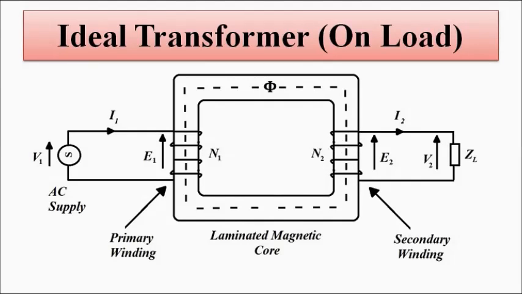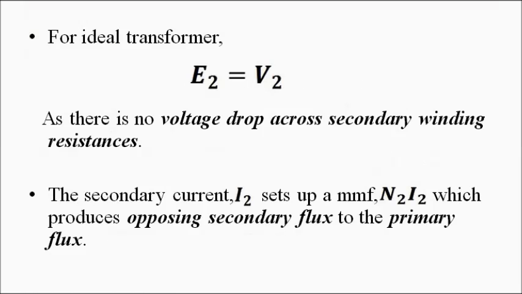So the situation which develops here is that this secondary current I2 sets up a magnetomotive force, MMF. We know magnetomotive force is just the product of the number of turns of the coil and the current flowing through the coil. That is called magnetomotive force. It is similar to electromotive force for electrical circuits.